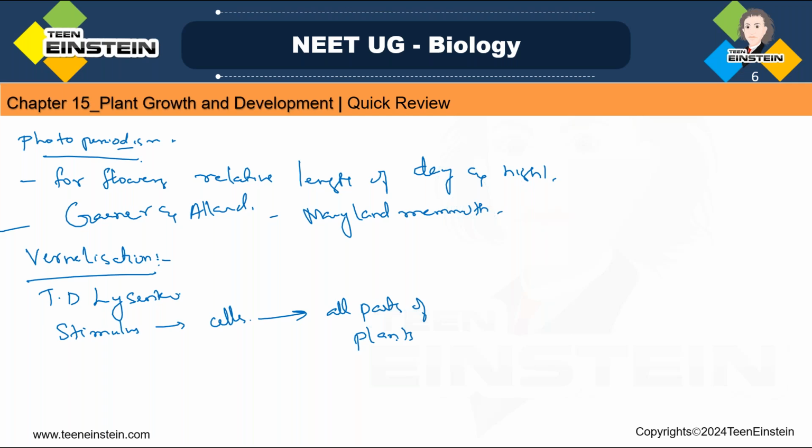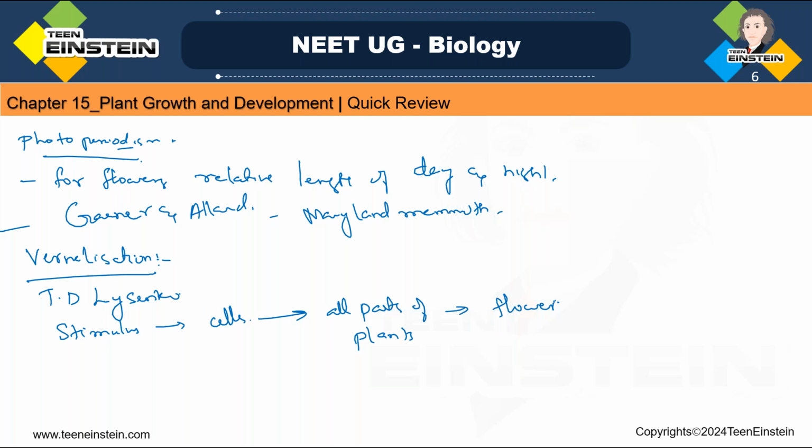And that prepares the plant to flower. Okay, so how can we summarize vernalization? It is a process of shortening of the vegetative phase. The vegetative phase is getting shortened, and that is hastening the flowering period by cold treatment. Okay, so that can be devernalized.